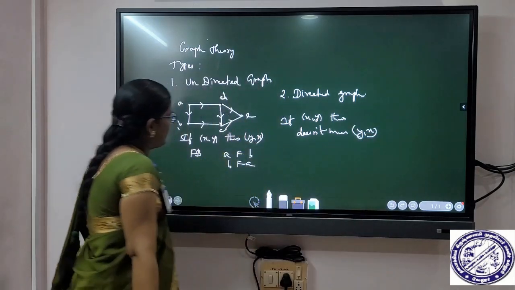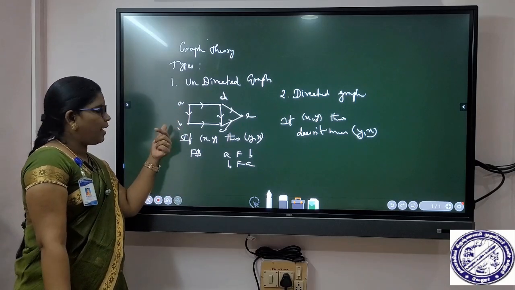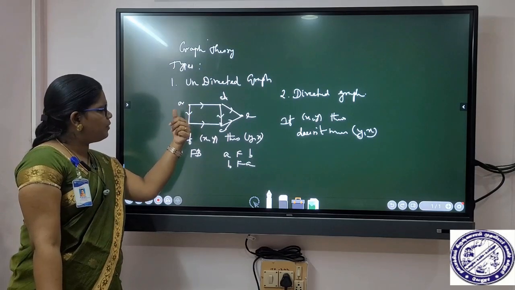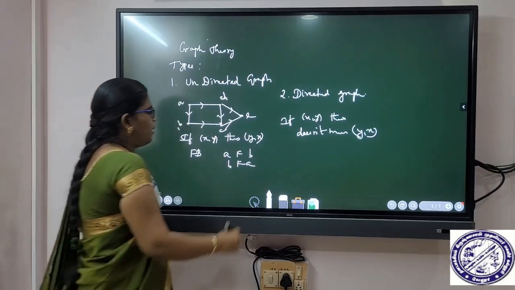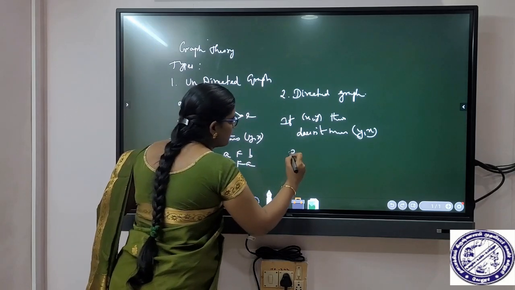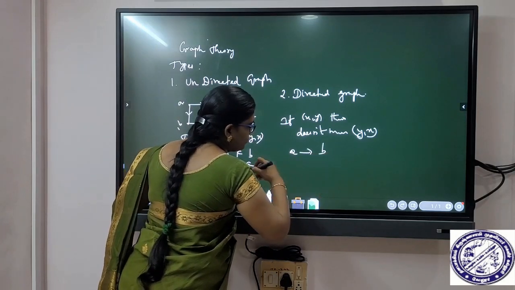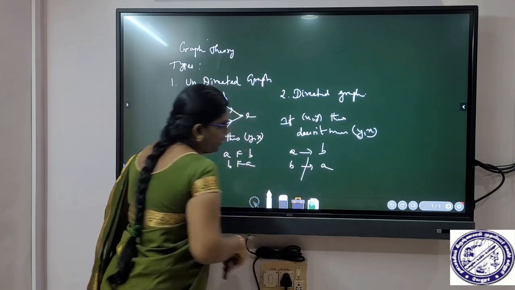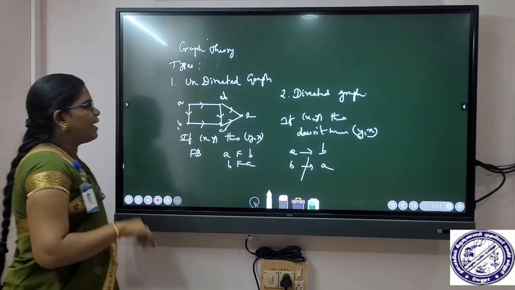That is, if there exists an edge from A to B, it does not mean that there is an edge from B to A. Twitter friendship is the best example for a directed graph. In Twitter, suppose A is a friend of B, but not necessarily B is a friend of A. This is the example for a directed graph.